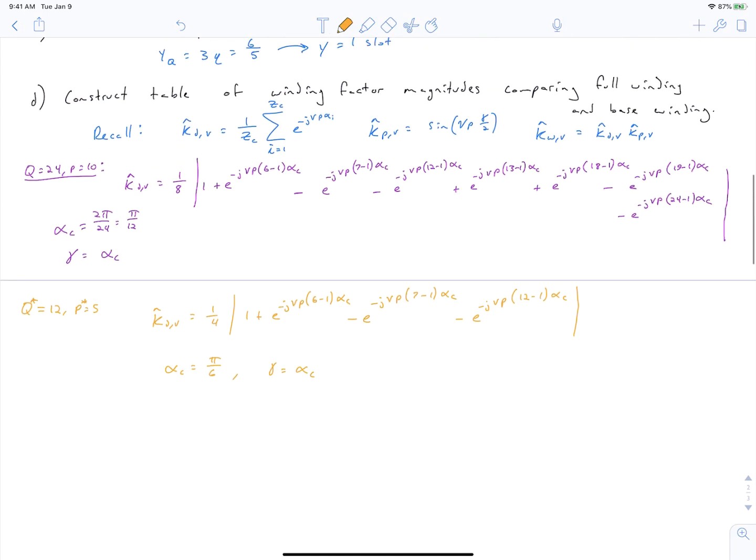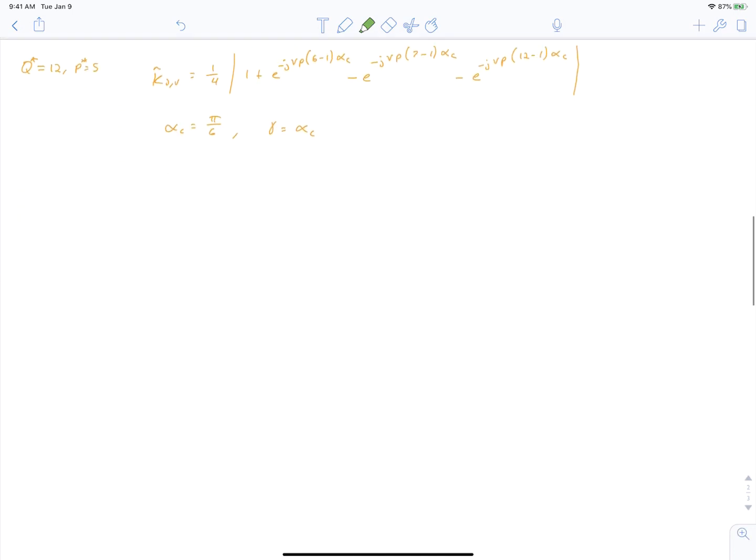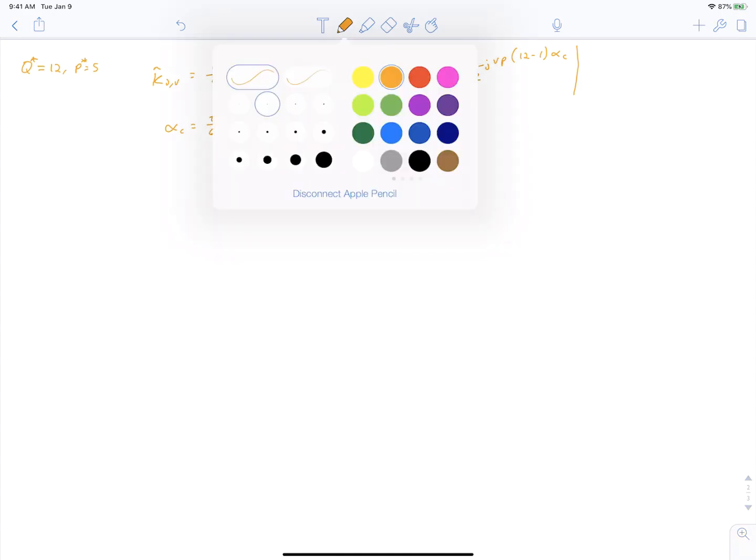And in fact, we notice that the first 4 terms of this expression are identical to this expression of our base winding. The only difference is that now alpha C is equal to pi by 6 instead of pi by 12. So we'll go ahead and evaluate this in the form of a table.